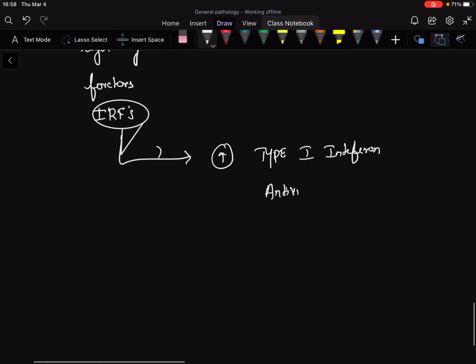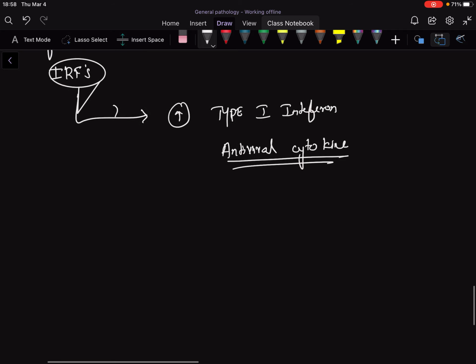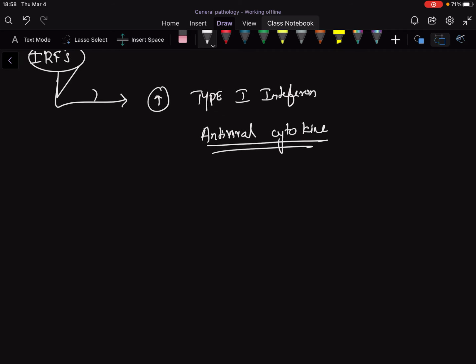Why is it known as an antiviral cytokine? I'll just explain to you. It means the interferon will convert the active viral genome into an inactive viral genome.